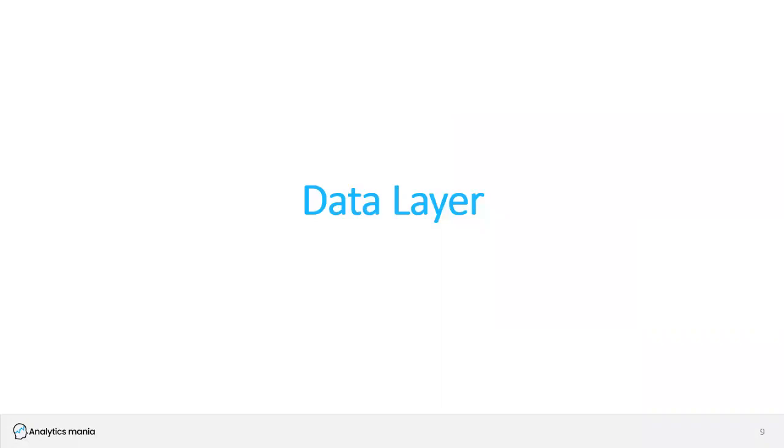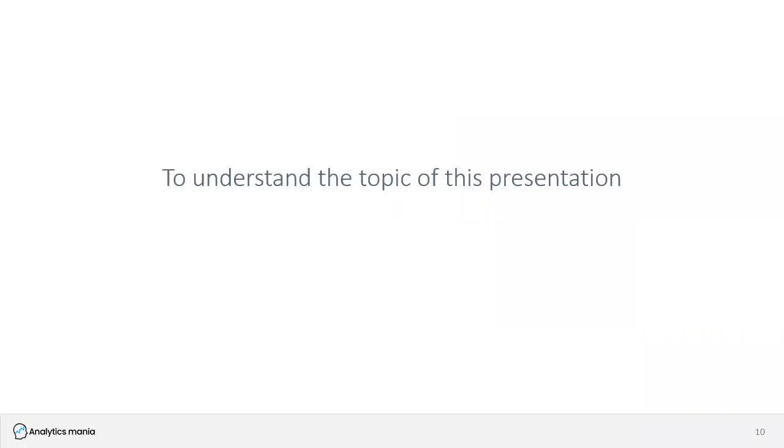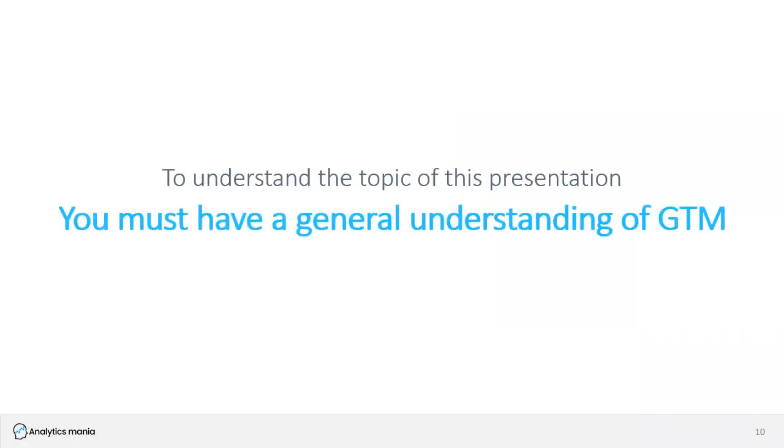If you want to learn the most out of this presentation, you must already have some general understanding of Google Tag Manager. So you already must know how to track basic things like clicks, maybe scroll events or something like that. So you must have at least some kind of working knowledge right here.